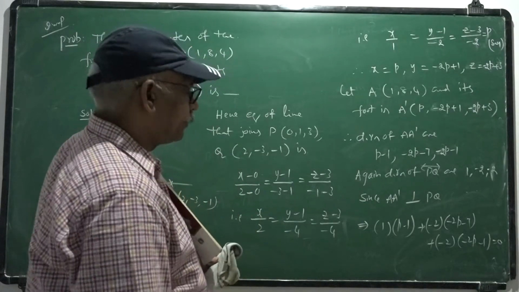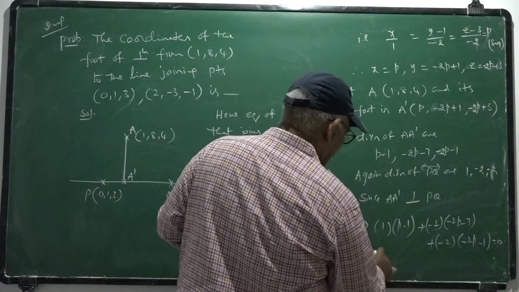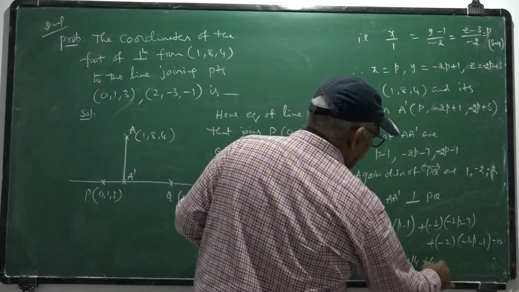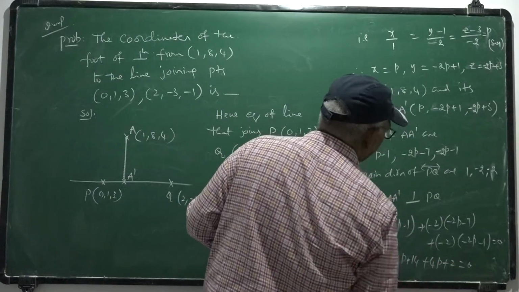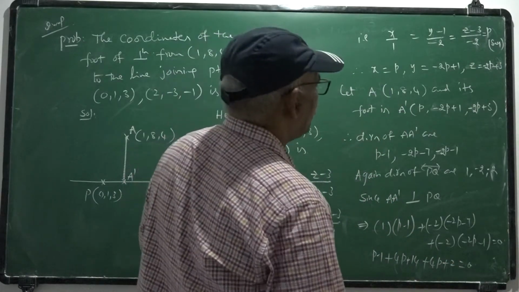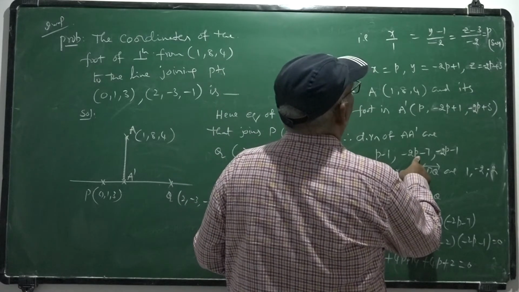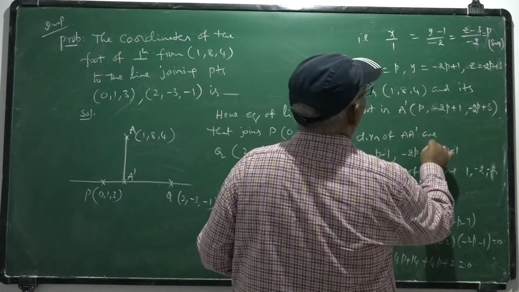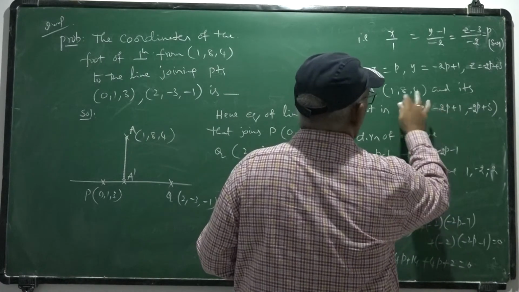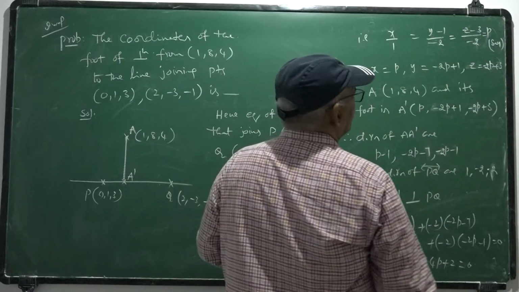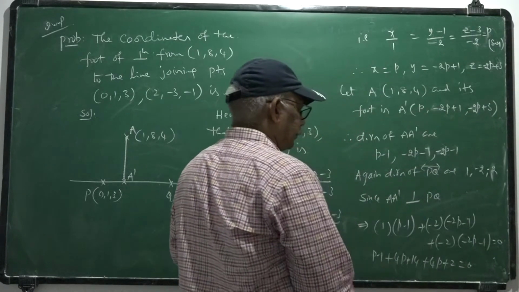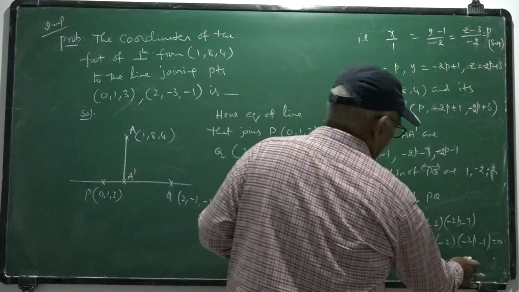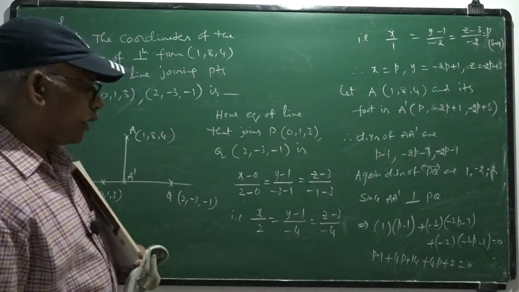Correspondingly, P - 1 + 4P + 14 + 4P + 2 = 0.